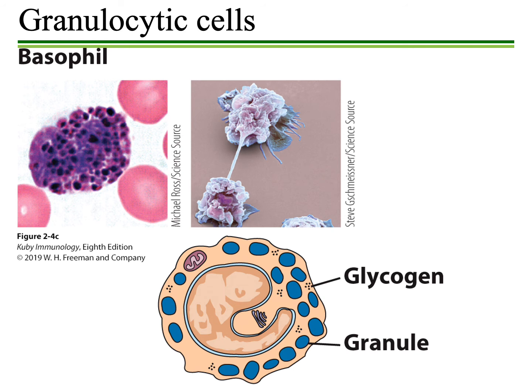It also is a very key player in fighting off parasitic infections, in particular parasitic worms. And the basophil is involved in the hypersensitivity reaction, also known as an allergic response. Basophil granules contain cytokines, as well as histamine, as well as other molecules involved in the immune response.